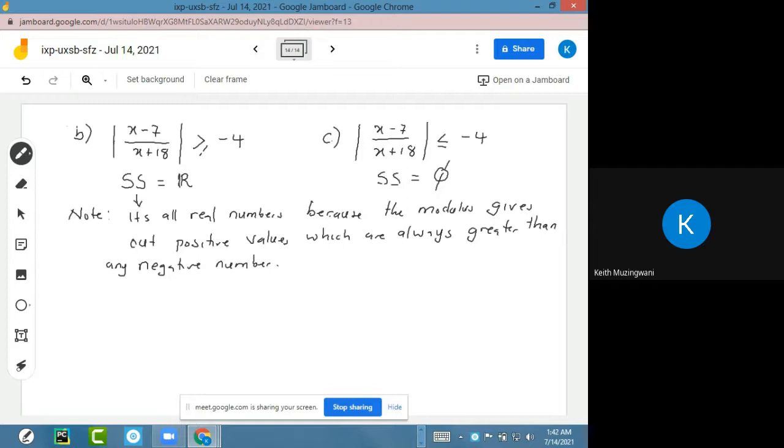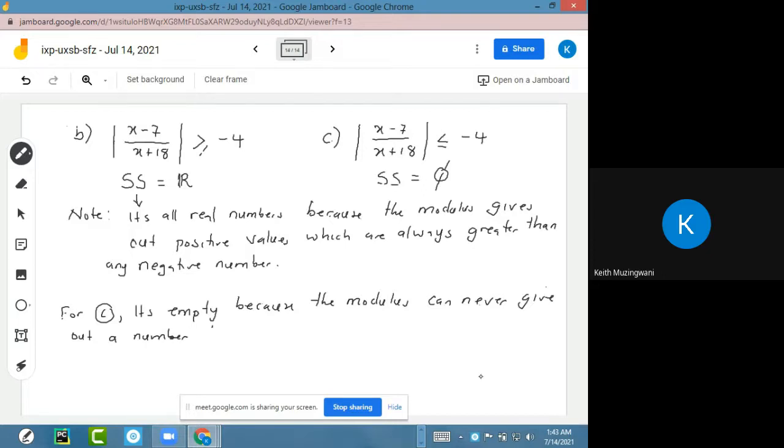And then for the second one, for C, it's empty because the modulus can never give out a negative number. That is the reason why it is like that.